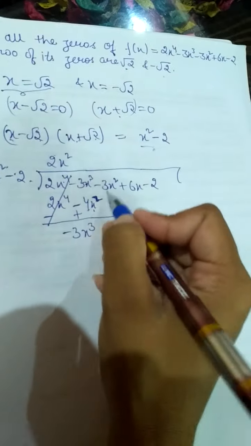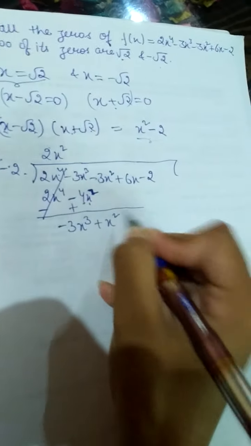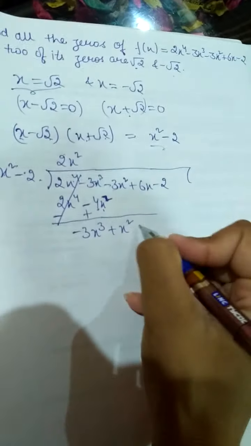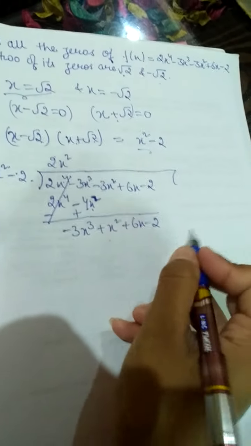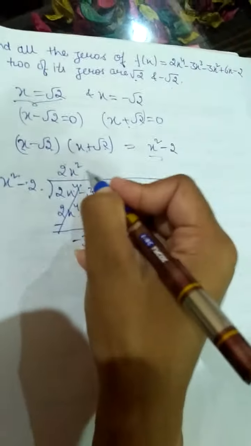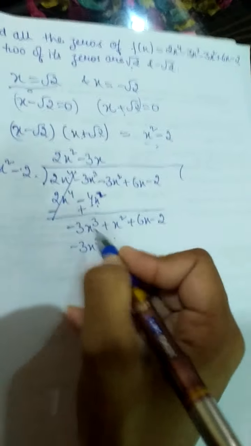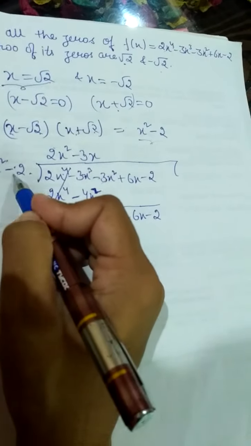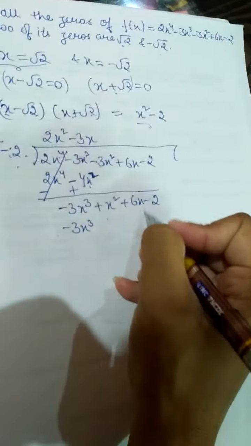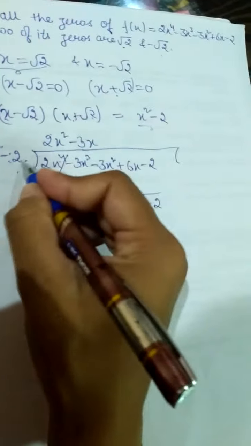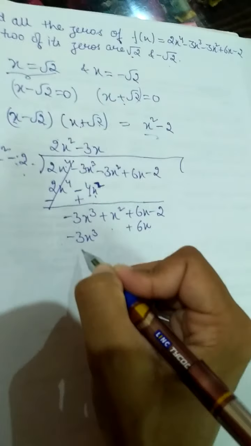I have to solve this, minus 3 plus 4, that is plus x square, and I will write the remaining terms also. So x square plus 6x minus 2. Now I need minus 3x cube, I need 1x, and minus minus plus, it is 6x, so I write 6x here, positive 6x.